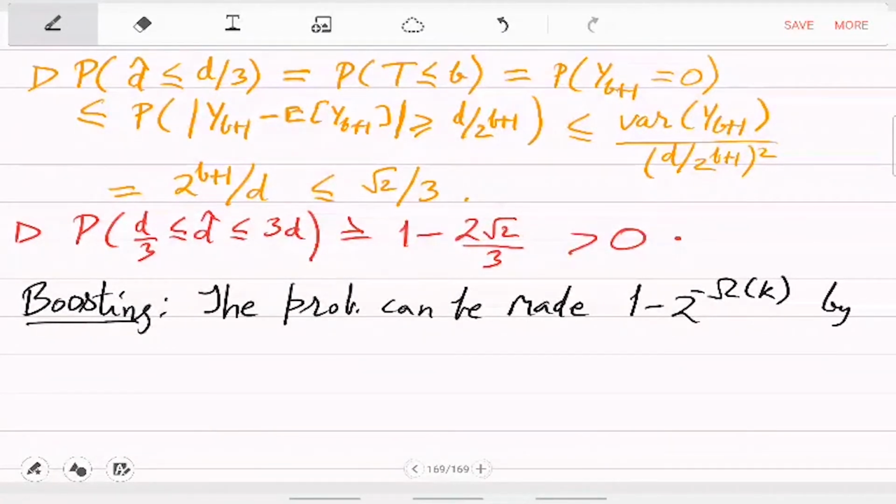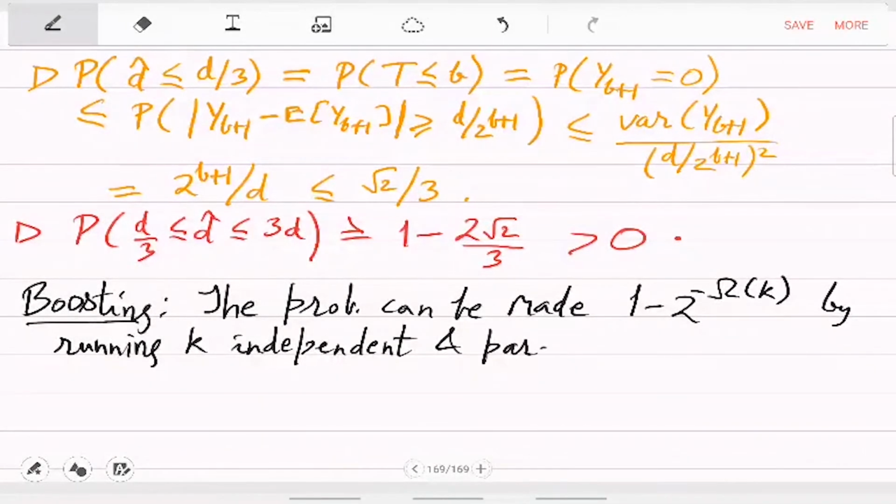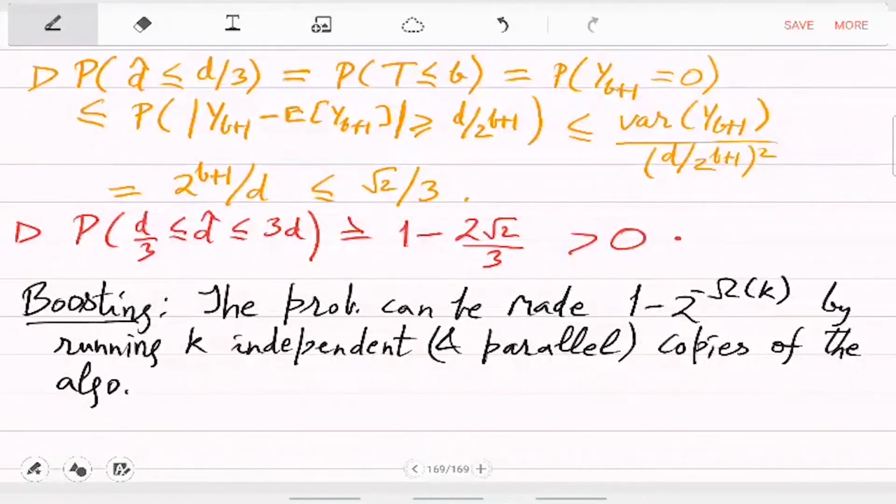Okay, you can boost the success probability by running k independent and parallel copies of the algorithm for the stream.